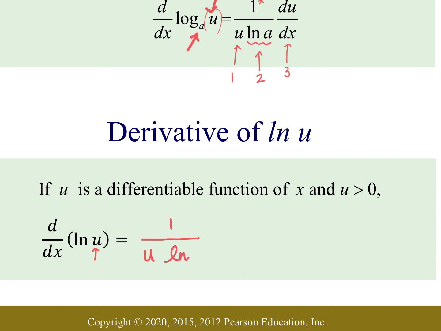Then we're going to put the natural log of the base, and in this case the base is e, and then we'll multiply by the chain rule, and the derivative of u is du dx. We can clean that up because the natural log of e has a value of 1, so the simplified version is 1 over u, and then times the chain rule, du dx. So that's how it works with a natural log.